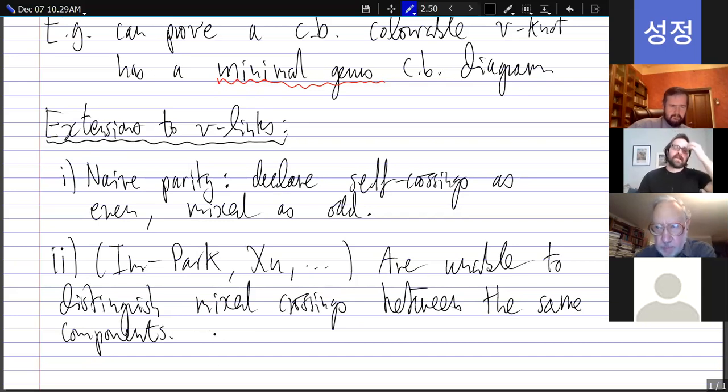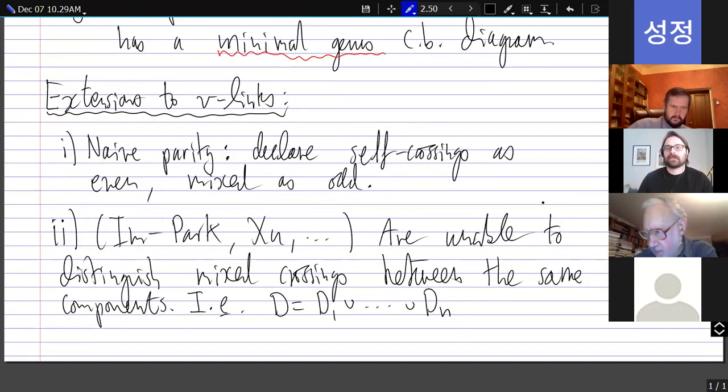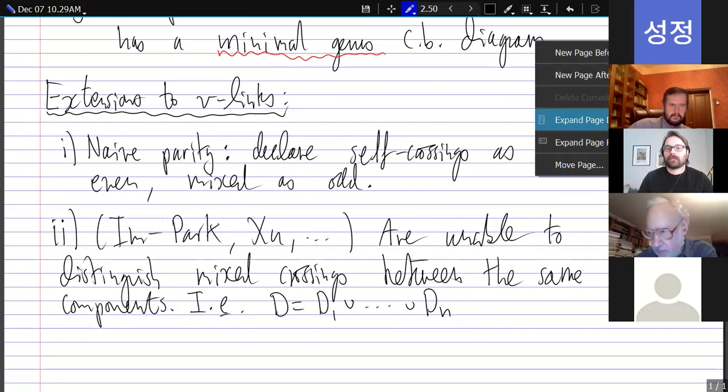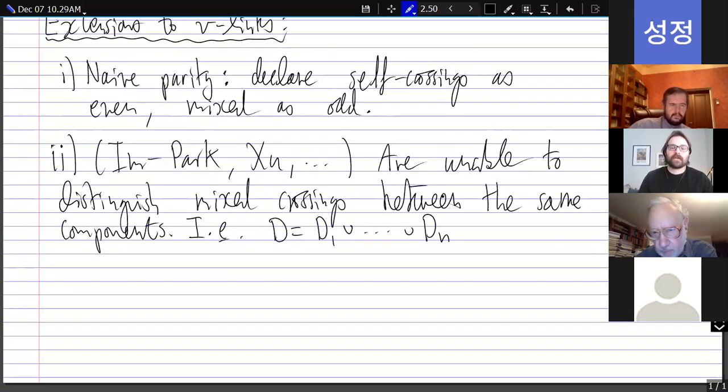And what do I mean by this? I mean that if we have a link diagram, D, which is made up of D1 through to Dn, then these parities do the following.